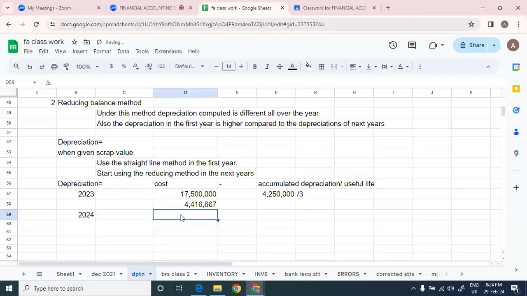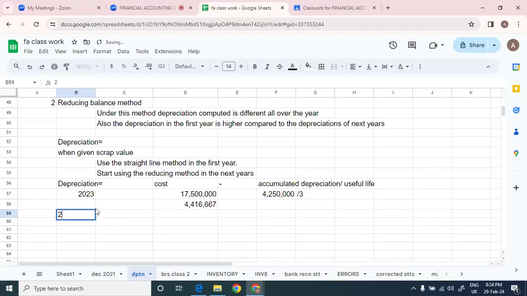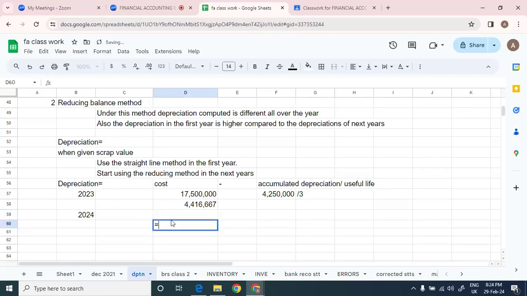Under 2024, we are going to get brackets. We get the 17.5 minus 4,250 minus this one.